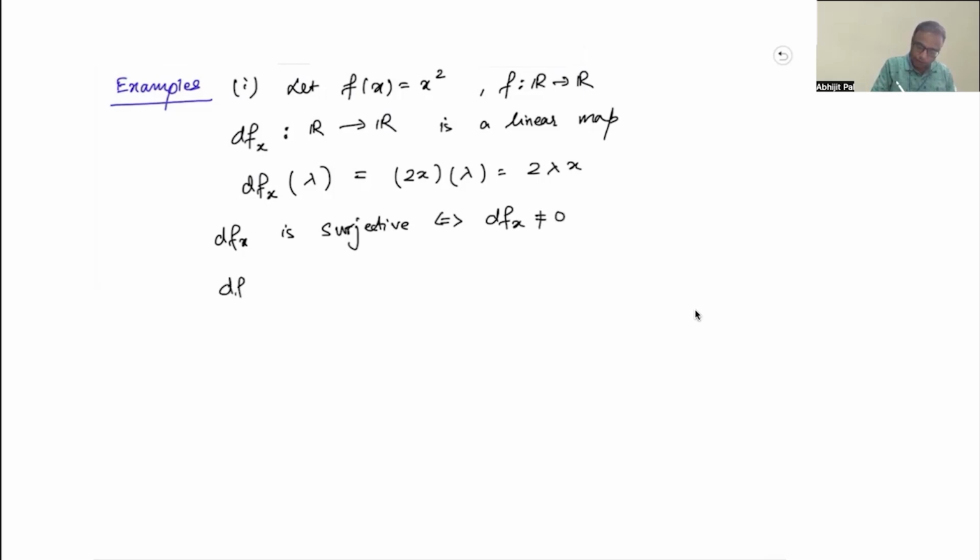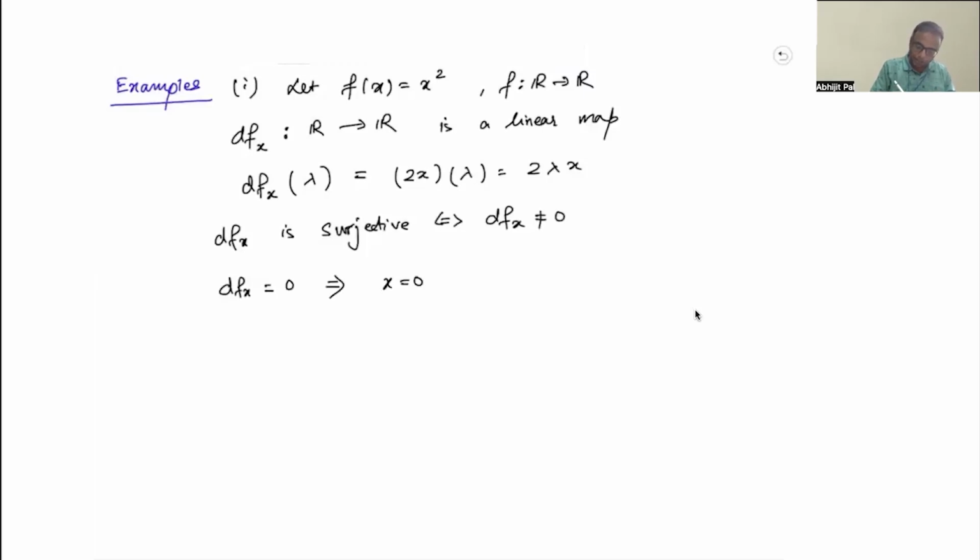Now df_x equal to 0 means the matrix of df_x is also 0, so 2 lambda x equals 0 for all values of lambda, and that is true only if x equals 0.